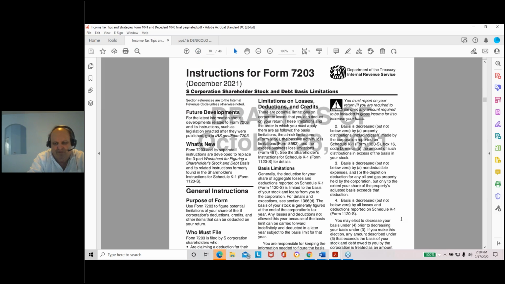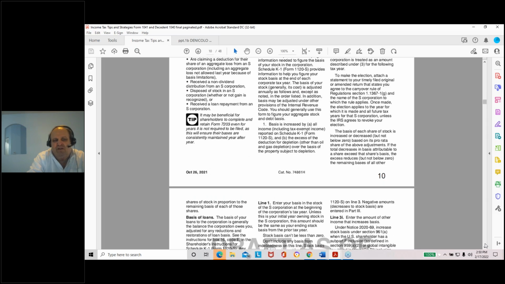And when do you do the form? That's, of course, what everybody always asks. When do you do the form? Bottom left-hand corner: you're claiming a deduction for your share of aggregate losses or aggregate deductions off the K-1, including a carryover from the previous year. You received a non-dividend distribution, not out of E&P, a regular stock basis distribution, and they want you to prove that it's coming out of the stock basis tax-free.